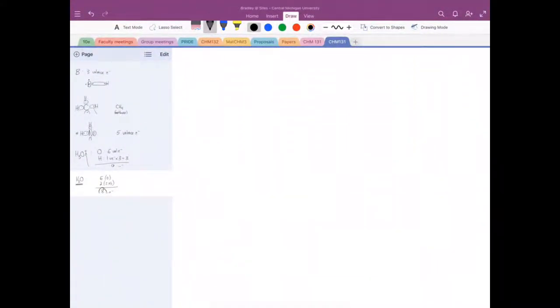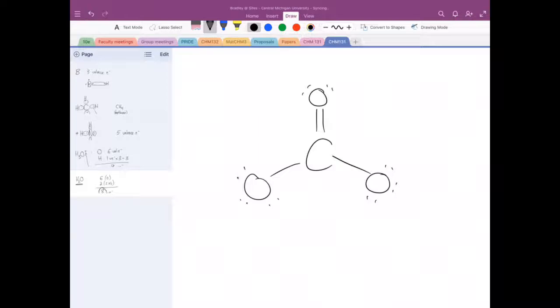If we have this structure, let's say, and I want to know what are the charges at each of these atoms. The textbook or the PowerPoint gives a different formula for this. The easy way for formal charge is, if you want it for a particular atom, just put down its number of valence electrons.